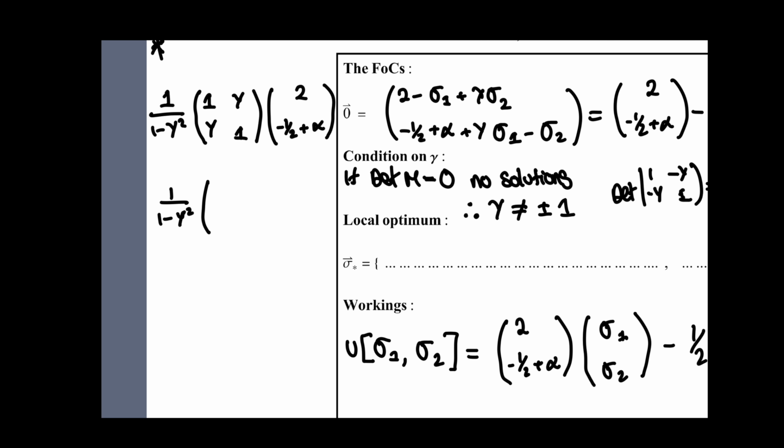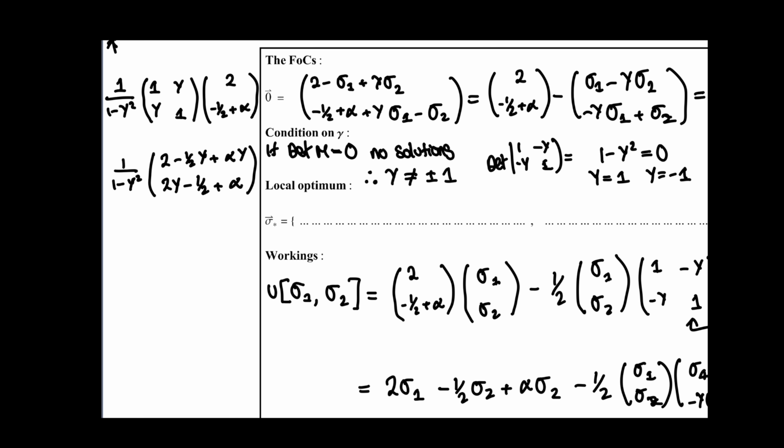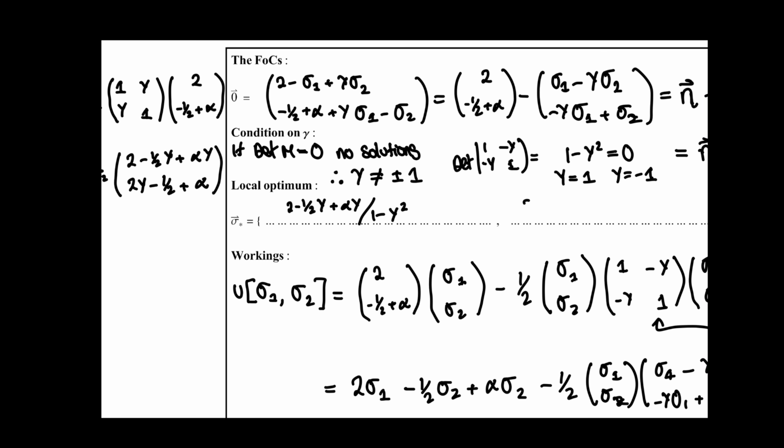And when we multiply these two matrices, we get 2 minus a half y plus alpha y, and 2y minus a half plus alpha. So our local optimum would be (2 minus a half y plus alpha y) divided by (1 minus y squared), and the other one would be (2y minus a half plus alpha) divided by (1 minus y squared). Hopefully that makes sense.